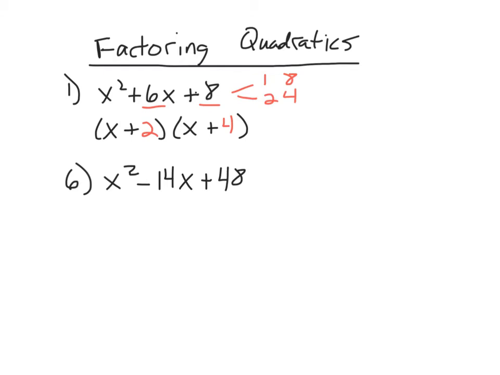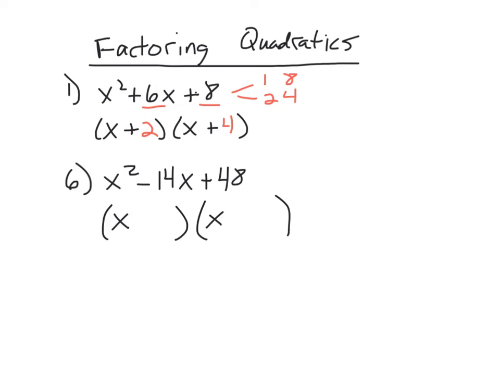And again, the leading coefficient, the number in front of the x squared term, is 1. And because of that, I already know that it's going to turn out looking like this with just x and x. Okay, so far so good.